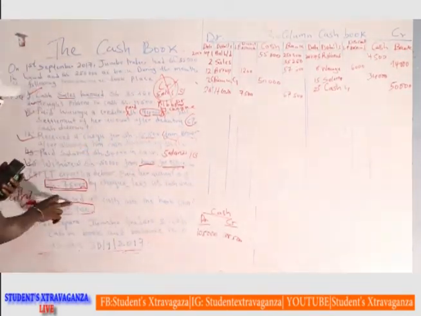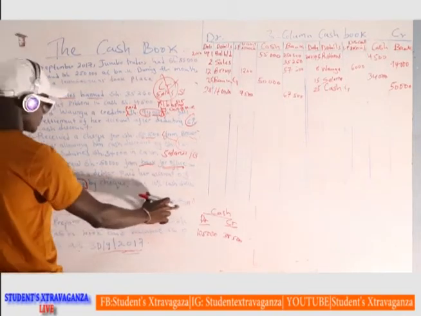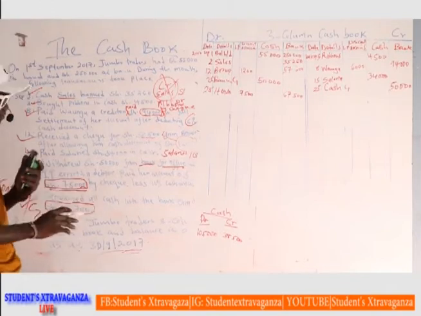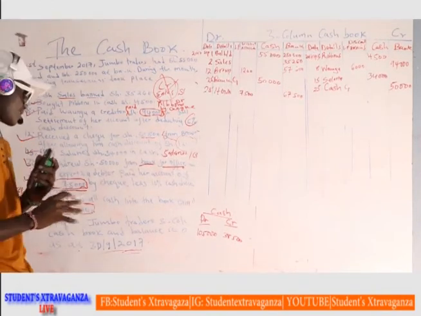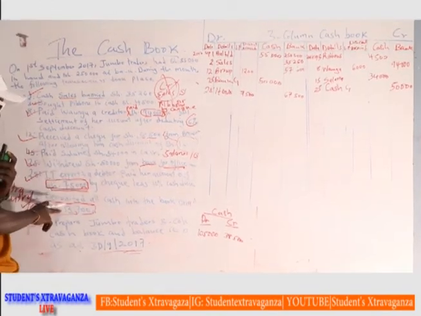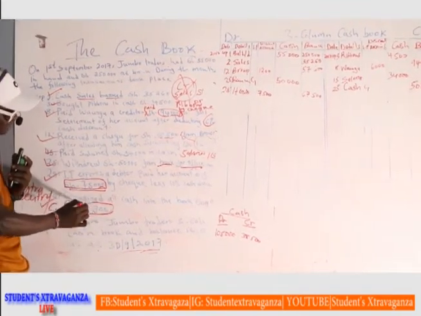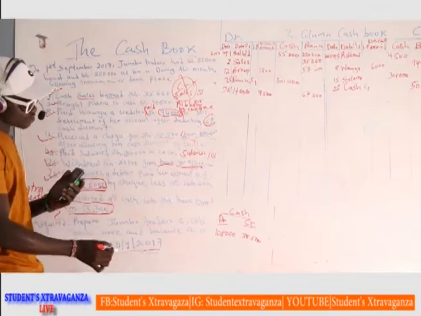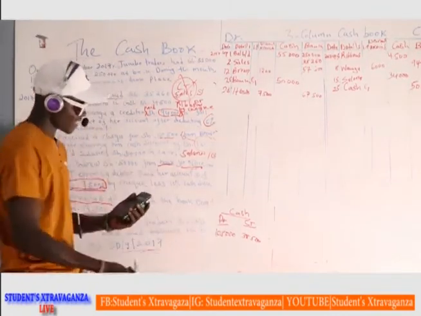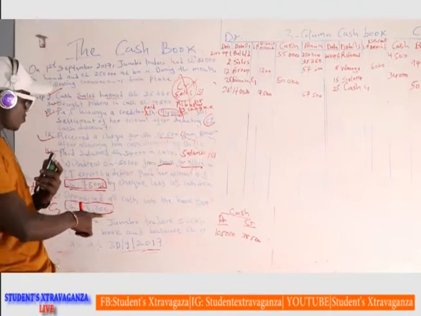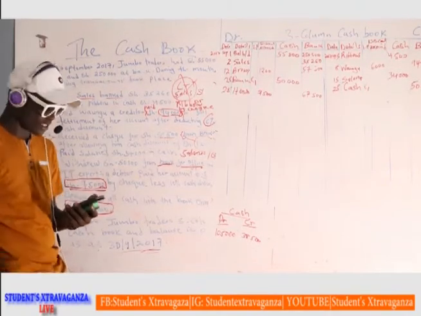We are being told that deposited all cash into the bank except 13,700. This one always confuses most candidates, and many people are sitting for this question. So we are going to calculate the cash that we have in hand. Then we minus this, then we deposit it.